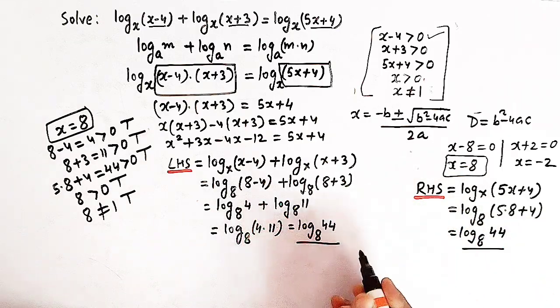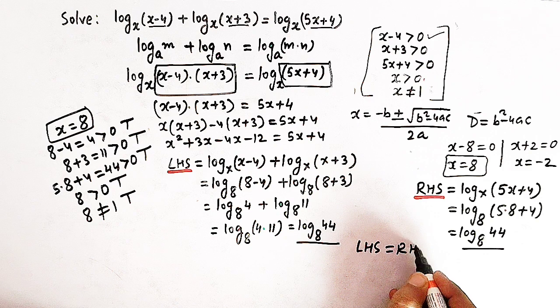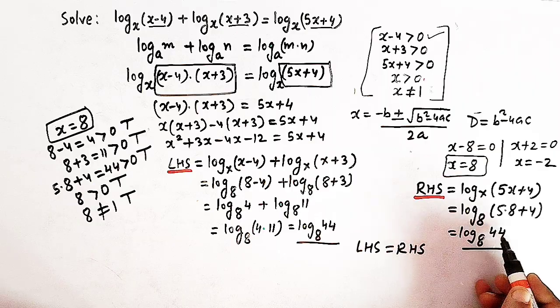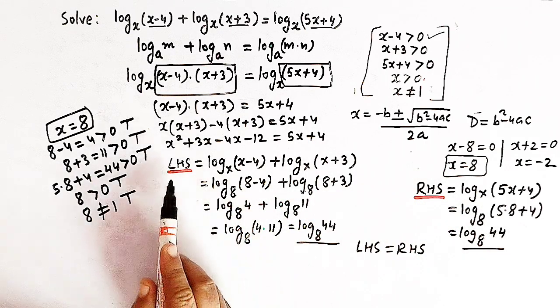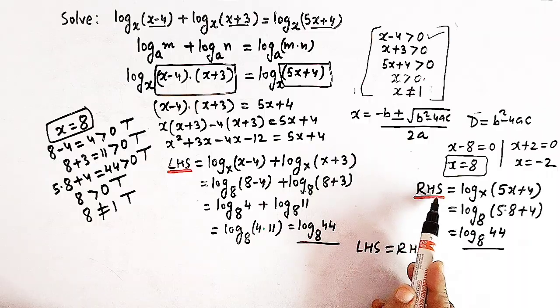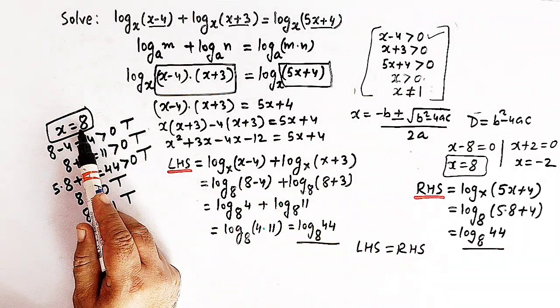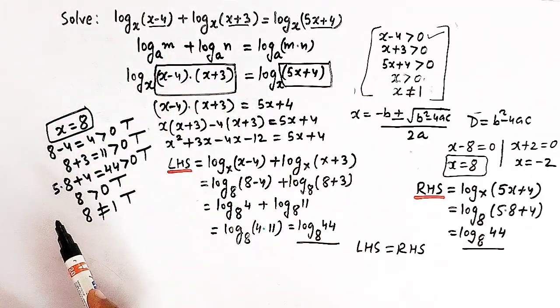So we can see that the left hand side is equal to the right hand side, because here we have logarithm of 44 to the base 8. Here also we have logarithm of 44 to the base 8, right? So the left hand side is equal to the right hand side, and this confirms that x is equal to 8 is a solution of this logarithmic equation.